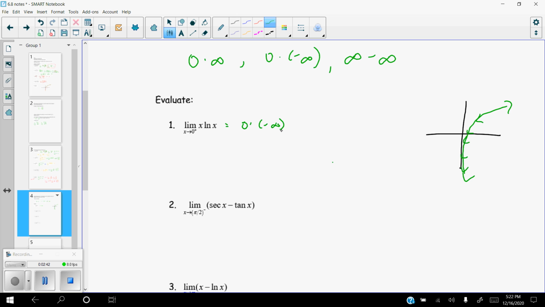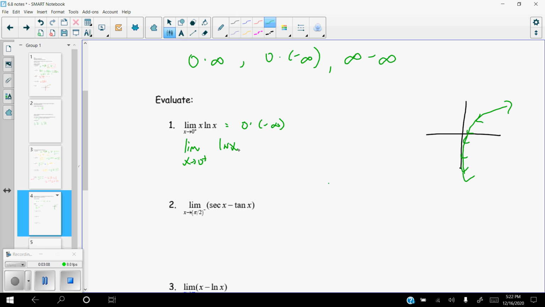Okay, but we can manipulate this algebraically so that it'll give us a form that we can use. It has to be in the form of some kind of 0 over 0 or infinity over infinity. So the first thing we're going to do is try to rewrite this algebraically. Well, the natural log of x, as x approaches 0 from the right, is already in the form of negative infinity. So I'm going to leave that one alone.